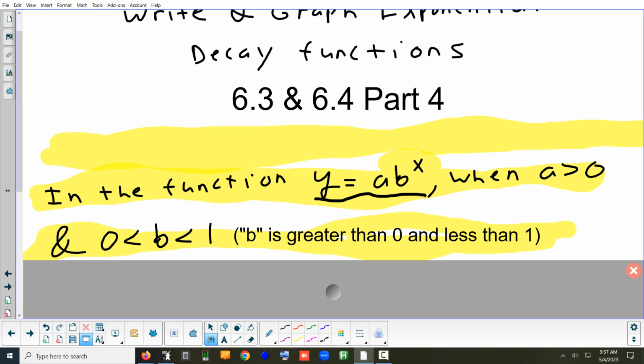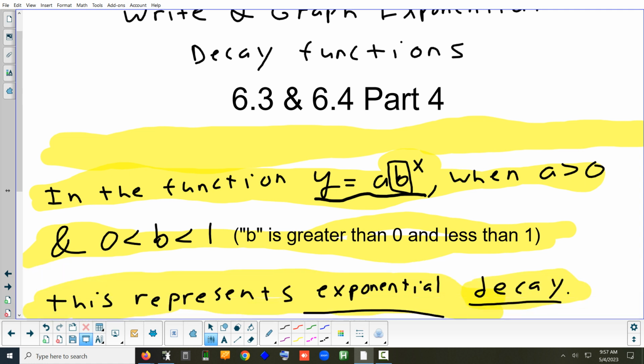What do you call it when b, this value right here, is bigger than 0 but less than 1? What kind of exponential graph do you have? So that's when the b is bigger than 0 but less than 1. Yeah, that's decay, right? Whenever the b is less than 1, that's exponential decay.